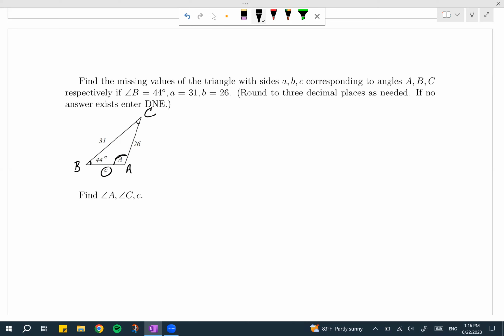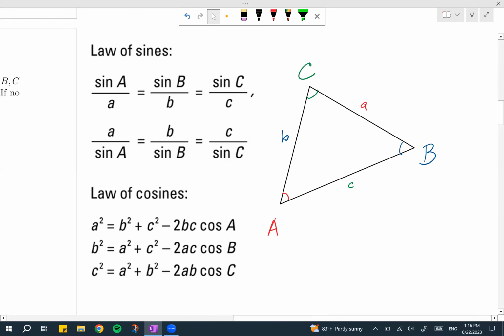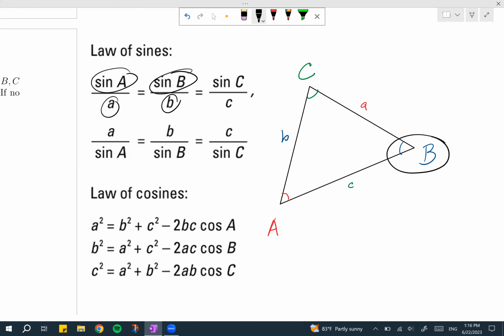All right, so we're going to use the law of sines right here, which says sine of A over A, where big A is your angle and little a is your side, is equal to sine of B over little b, where capital B is your angle, little b is your side, is equal to sine of C over little c, where capital C is your angle and little c is your side.